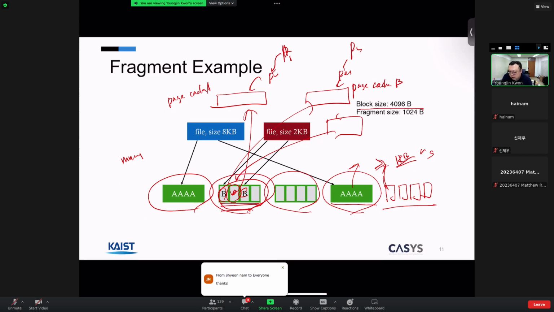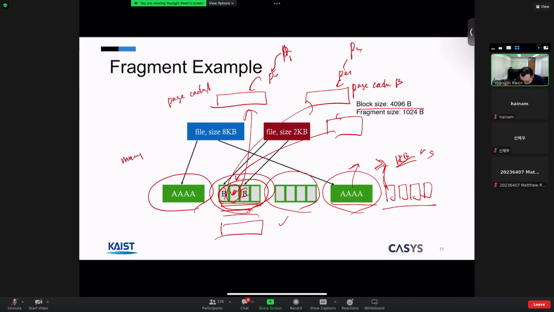Okay. There is a follow-up question. How to represent partially free blocks in case of 2 blocks used, but left 2 kilobytes free? Yes. So internally, instead of the bitmap, FFS maintains separate metadata to indicate whether a block has free fragments or not.